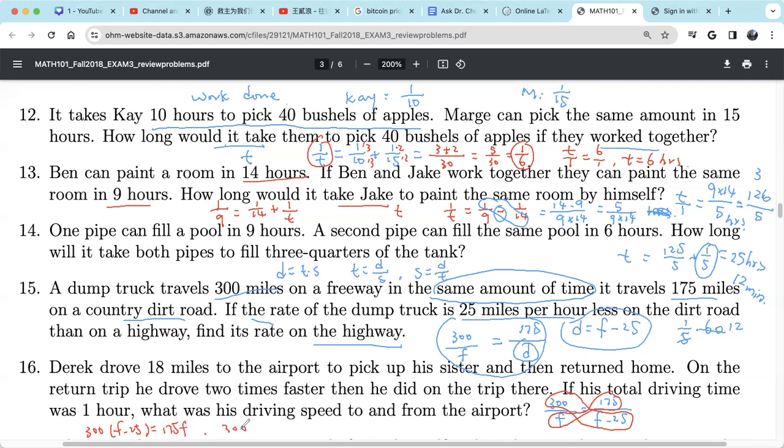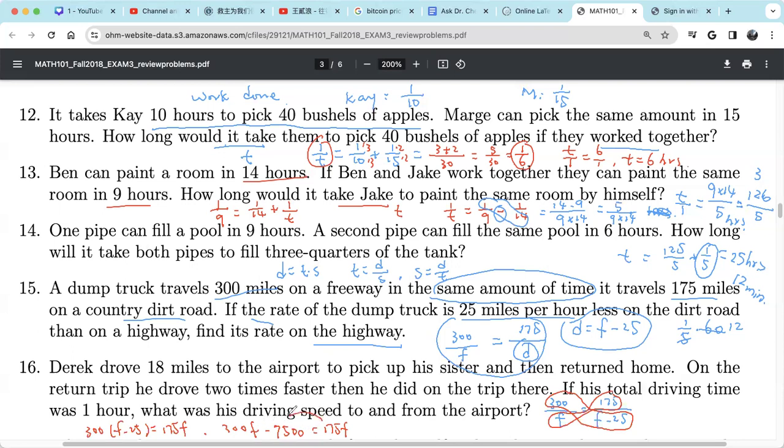So we have 300F minus 300 times 25. 3 times 25 is 75, so 75,000 equals 175F. Now we need to combine like terms.